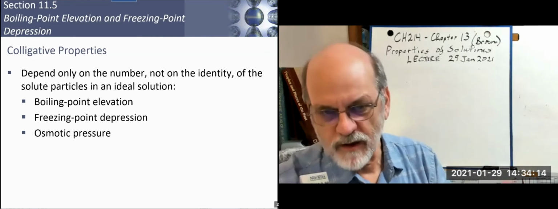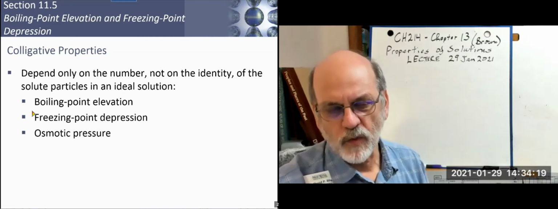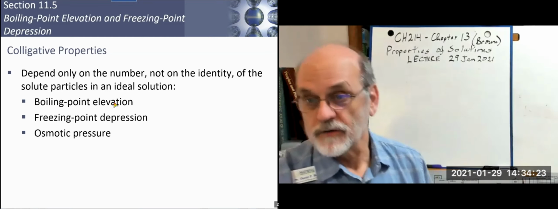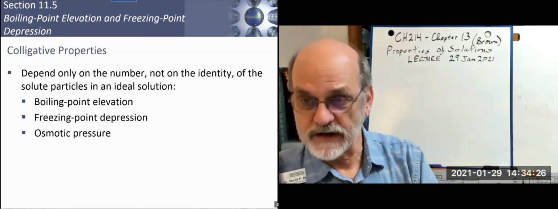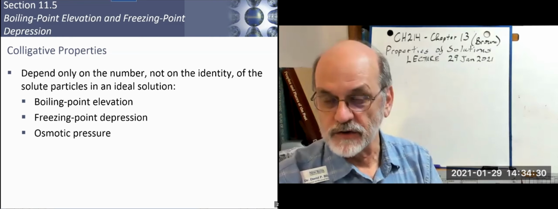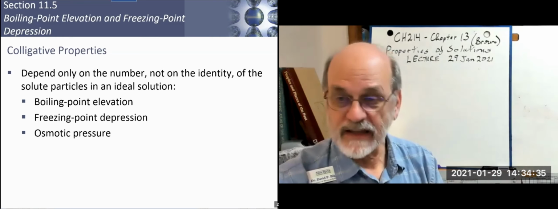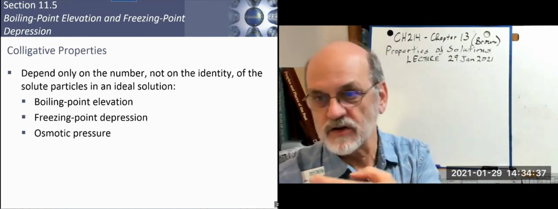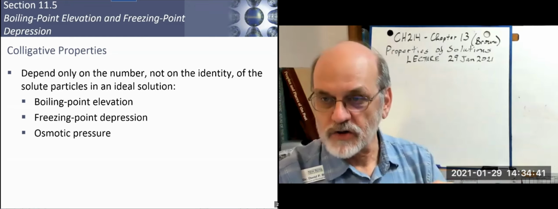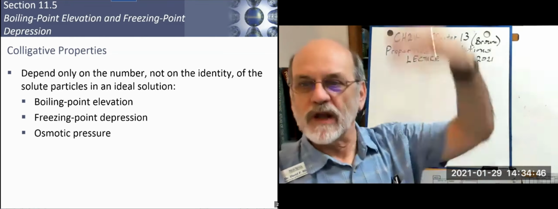So examples will probably be a better way to explain that. And the three most common ones, the ones that we're interested in, are boiling point elevation. So if water boils at 100 degrees when it's pure, then if you add some solvent to it, like, I don't know, ethylene glycol, stick it in your motor, in your cooling system in your car, that allows your car to run hotter without boiling. Right? So we increase the boiling point.